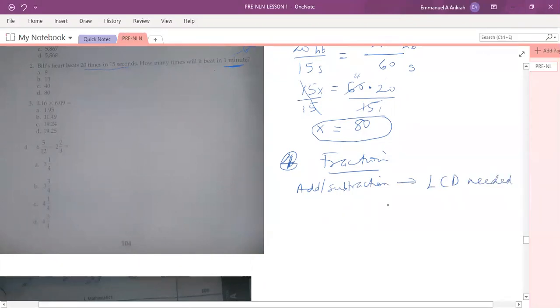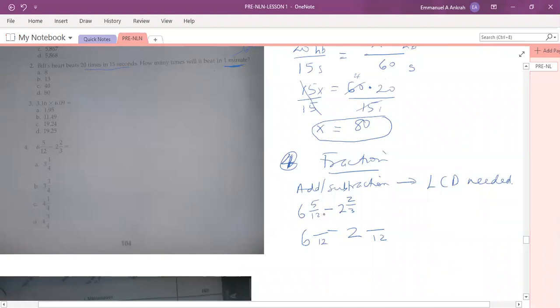So if you have 5 over 12 minus 2 over 3, before you can subtract, we need to find the LCD. The LCD between 3 and 12 is 12. So we ask ourselves, what was done to this 12 to get the LCD of 12?